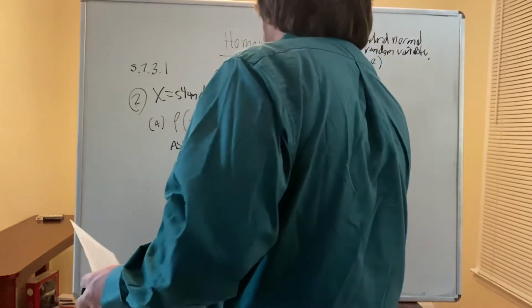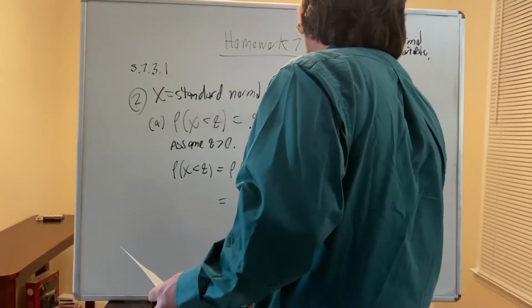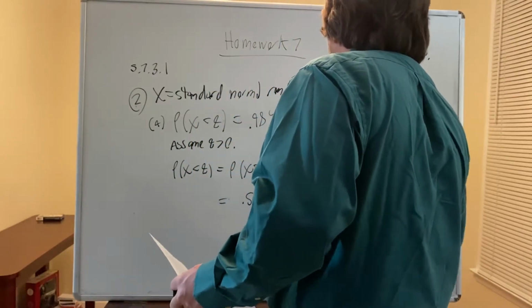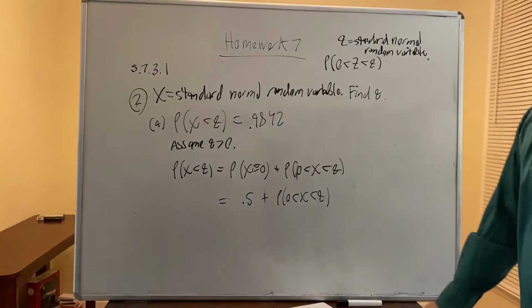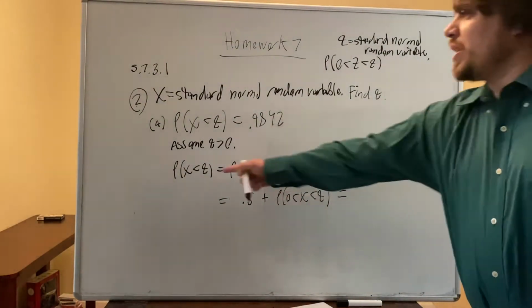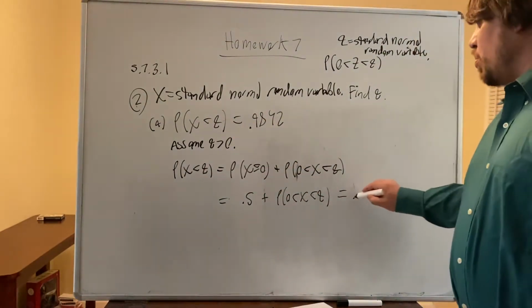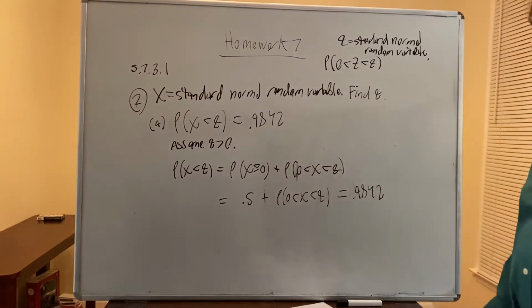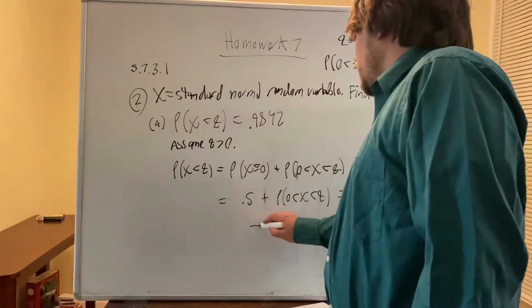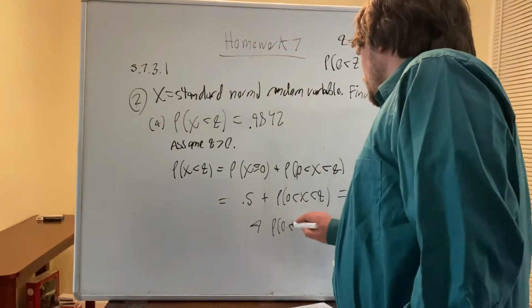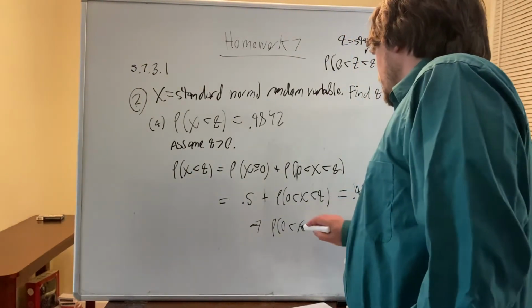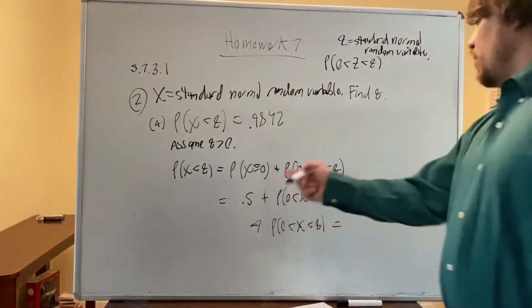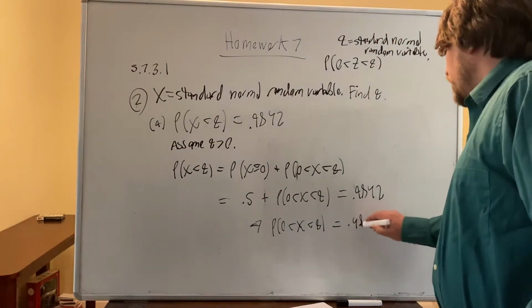The probability that x is less than or equal to 0 is 0.5, plus the probability that 0 is less than x less than z. Make sense? Now this equals the given probability, 0.9842. So 0.5 plus that probability is 0.9842, and so the probability of 0 less than x less than z is equal to 0.9842 minus 0.5, which is 0.4842.